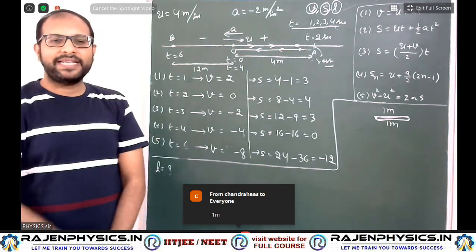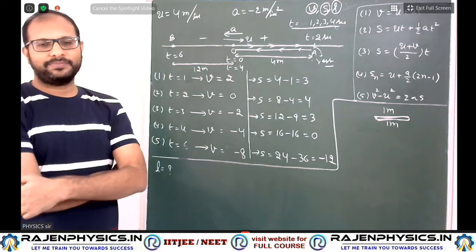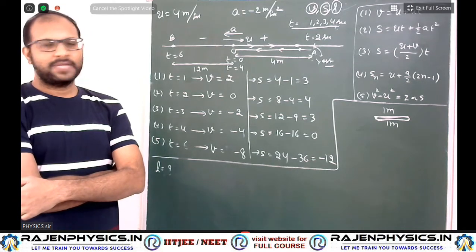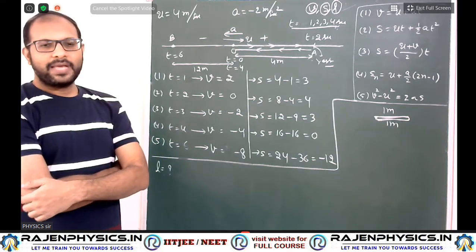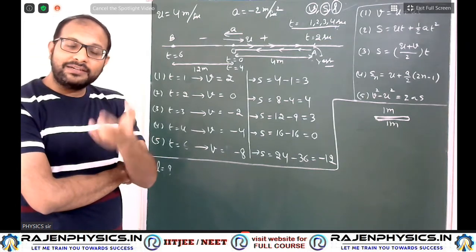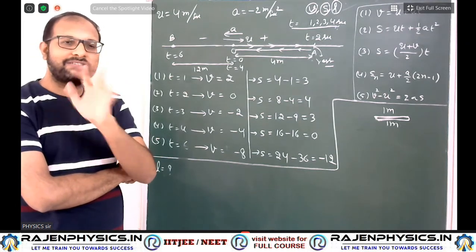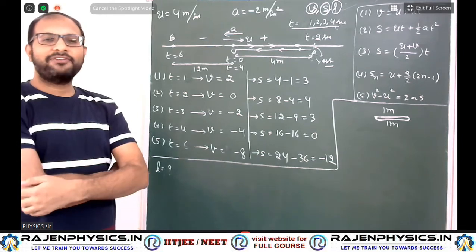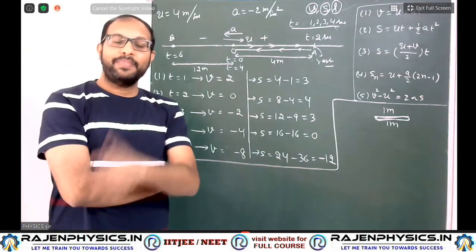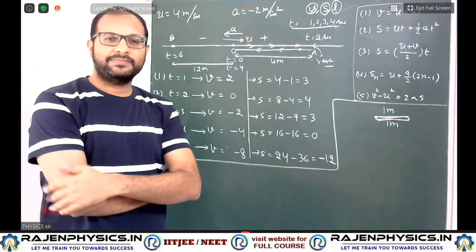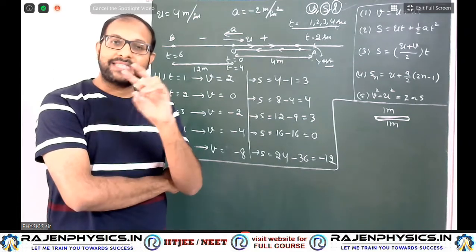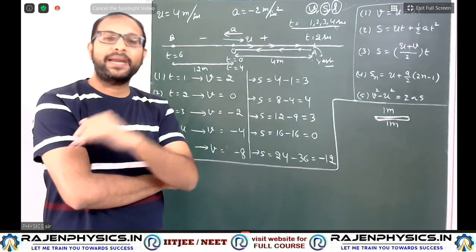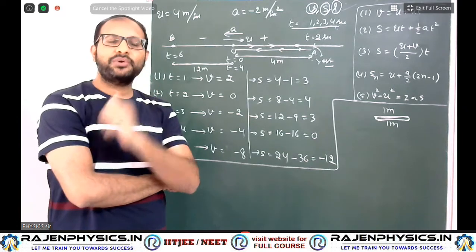Displacement is nothing but initial position to final position. That's why I asked second and third second combined, not just the third second. Some students gave -1, correct, but that is only the third second. I am asking second plus third second combinedly. That's why 0 is the right answer.